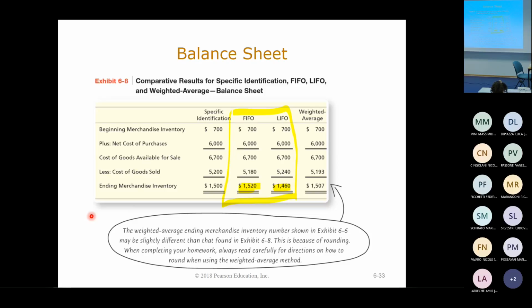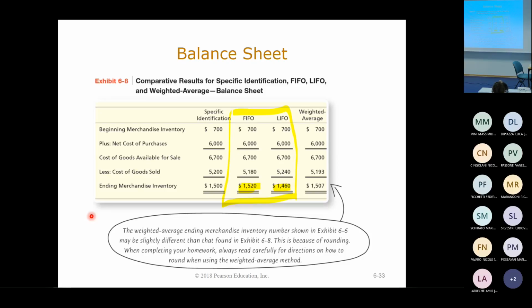Because if prices are decreasing, the effects are exactly the opposite. So when prices are decreasing, FIFO will generate the lowest net income and the lowest inventory, and LIFO will generate the highest net income and the highest inventory.